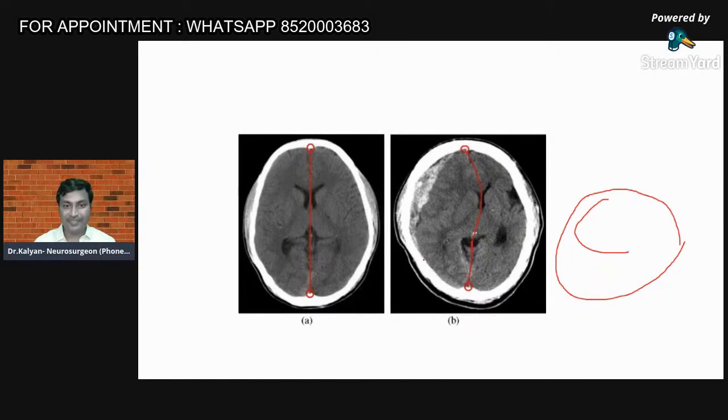So what is the shape? Does it look like a contact lens or a banana? This thing is easy. You can't take time for this.